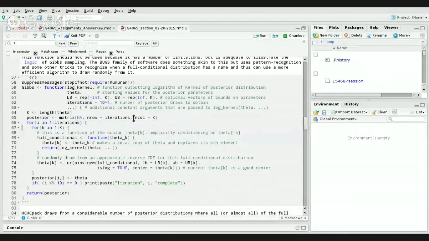The inside loop goes through one element of the theta vector at a time, each time updating it with this R Uniroot business. So theta k plus 1's draw is going to be more right than theta k's draw from this full conditional distribution. They're ostensibly equally right.